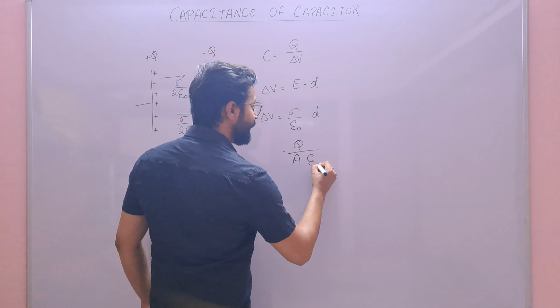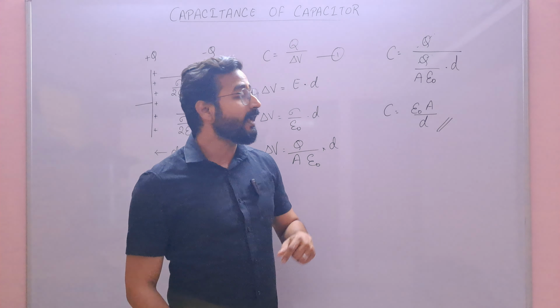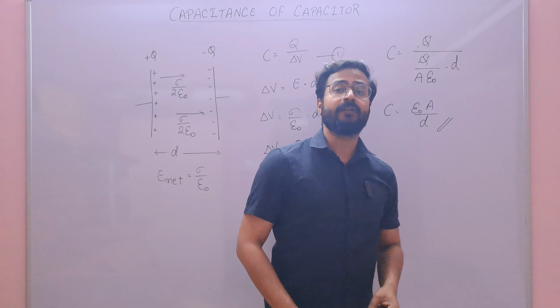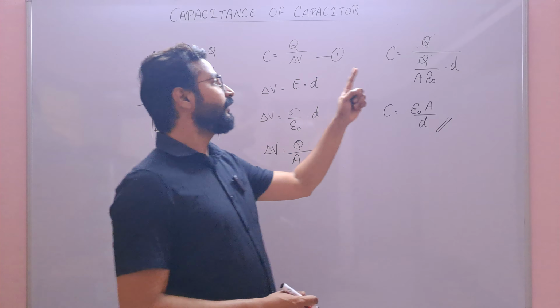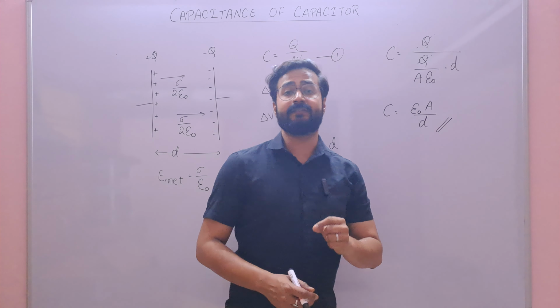Now if we pay attention to this expression, we'll see that the capacitance depends on the area and the distance between the plates. So we can say the capacitance of a parallel plate capacitor depends on its geometry, and epsilon naught suggests that it also depends on the medium between the plates. Here we see that the charge gets cancelled out.